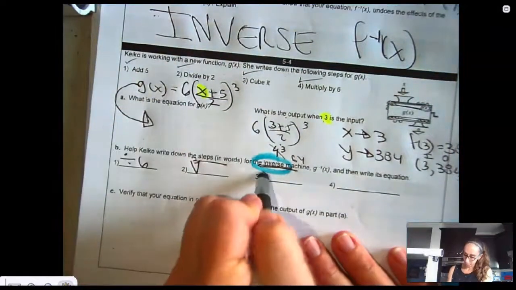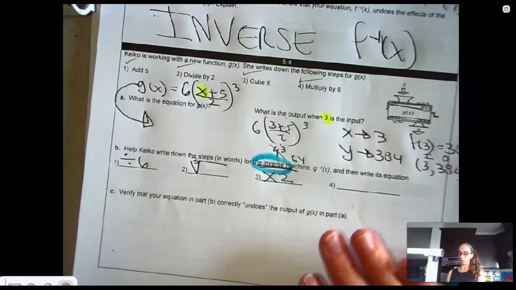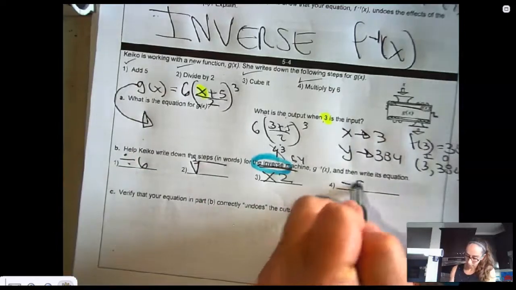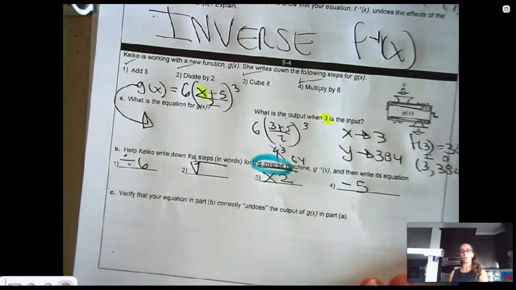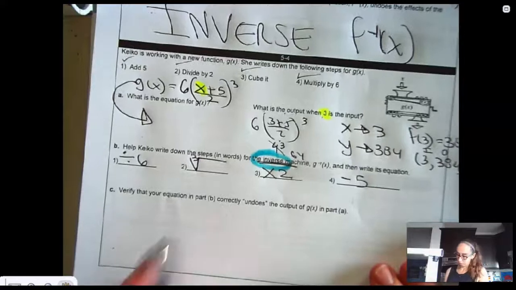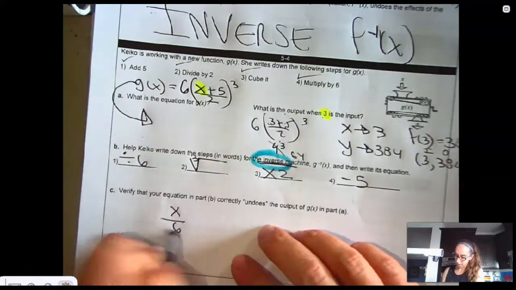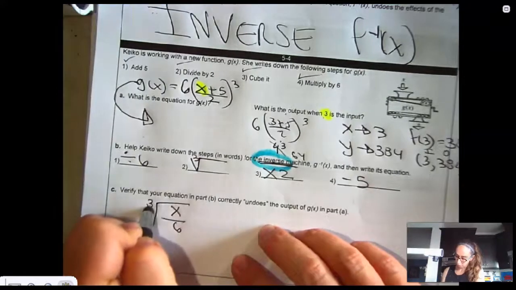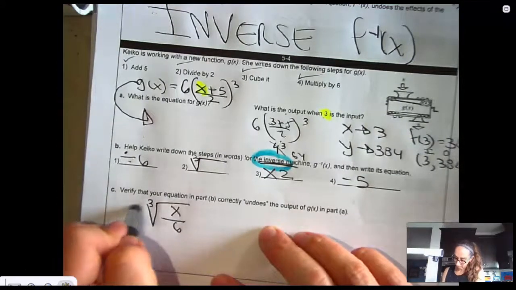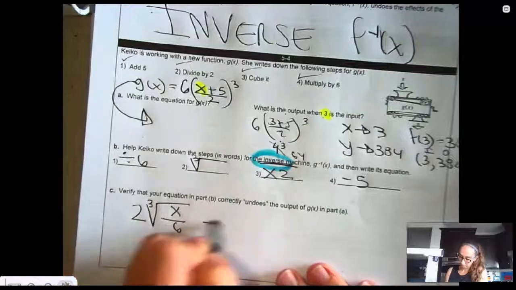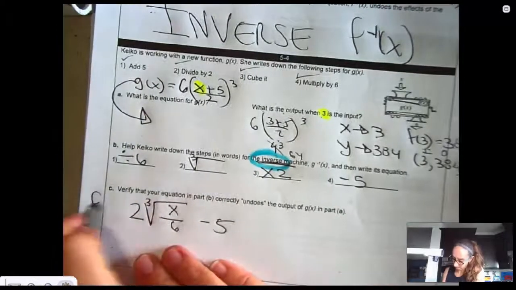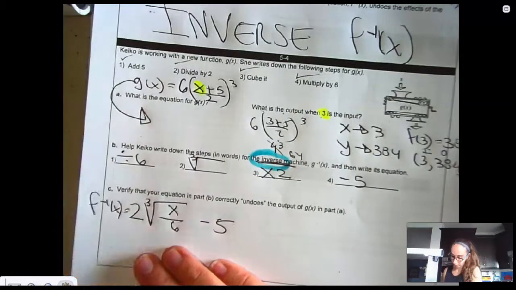Instead of dividing by 2, I'll multiply by 2. And instead of adding 5, I'll subtract 5. So I take my number, I divide it by 6, I cube root it, I multiply that whole thing by 2, and I subtract 5. And that should be my inverse.